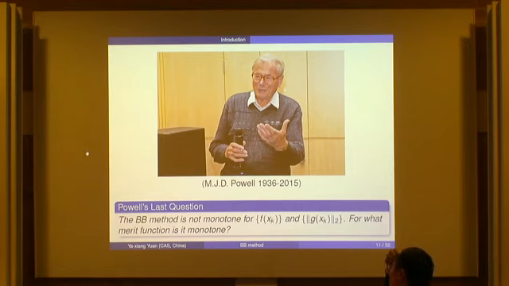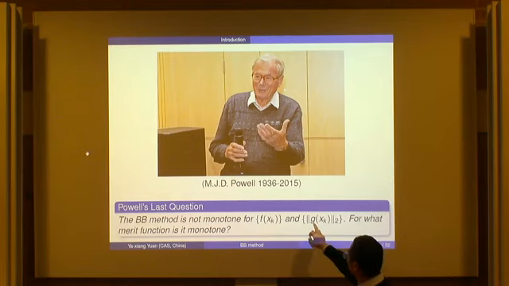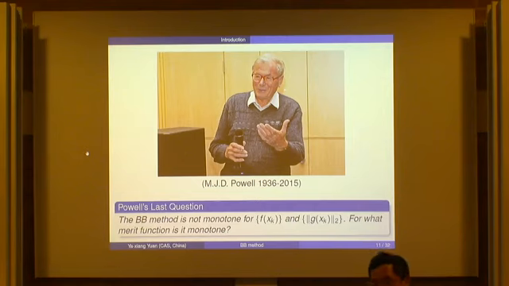Mike Powell, at one conference when people talked about the BB method, asked a very interesting question. The BB method is not monotone for the objective function, nor is it monotone for the residual of the gradient. Is it possible to prove that this method is monotone in something else? That was his original question.